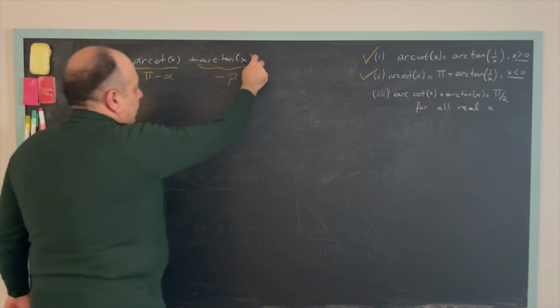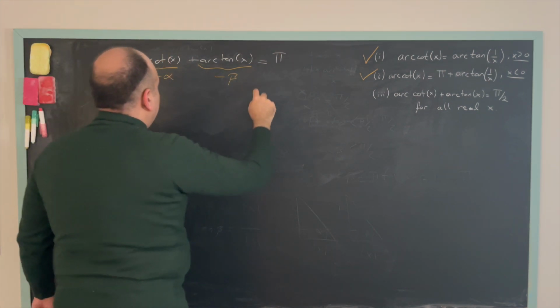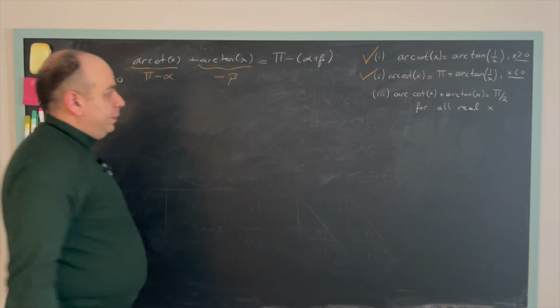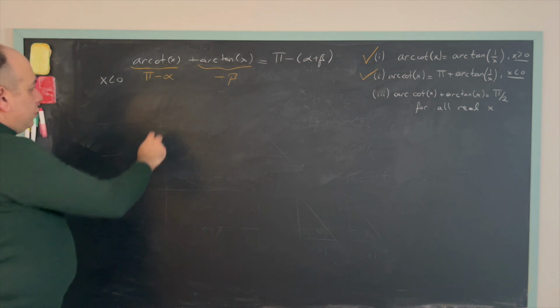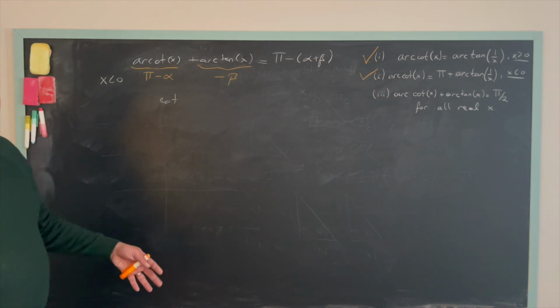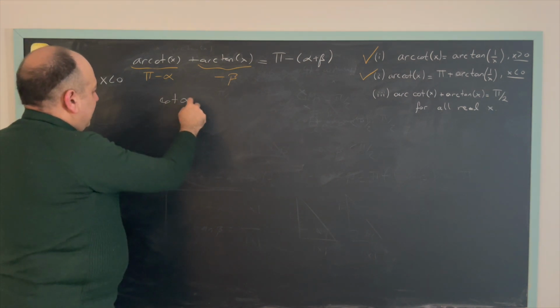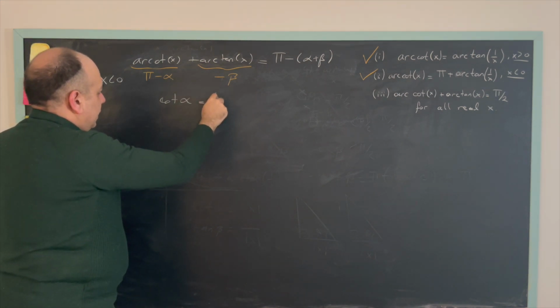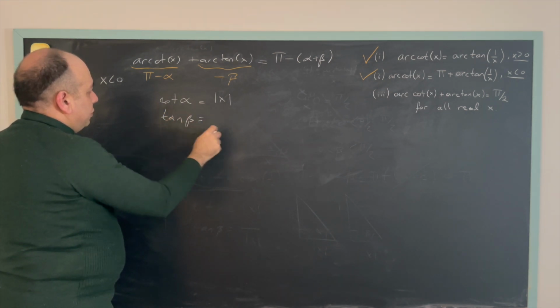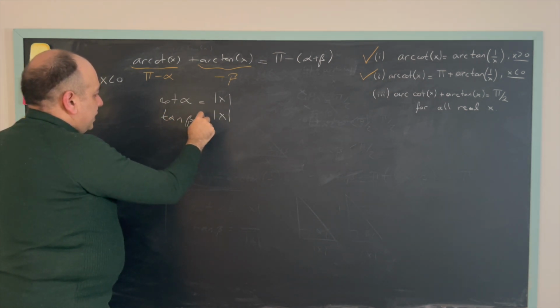So this sum becomes pi minus alpha plus beta. Okay, very good. We know that alpha and beta are acute angles again, right? So cotangent alpha is equal to absolute value of x, and tangent beta is equal to absolute value of x.